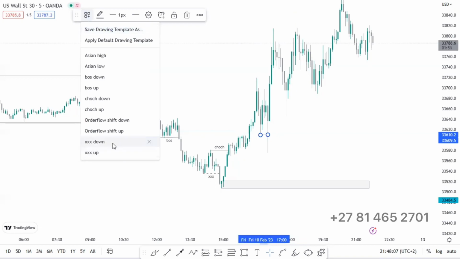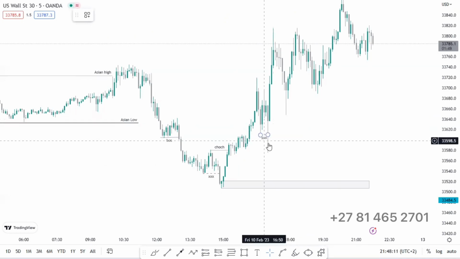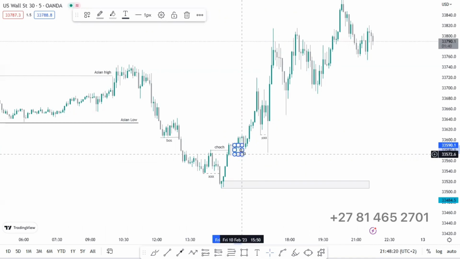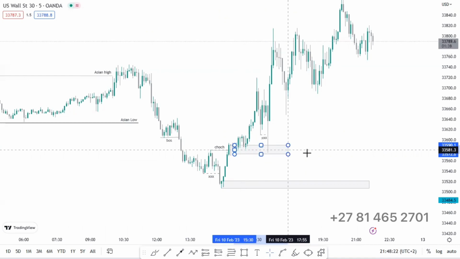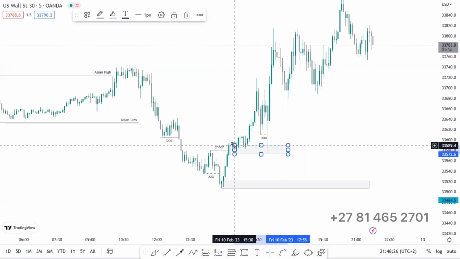So yeah, here's my inducement there, or some sweep of liquidity. After that sweep of liquidity, you can see this nice order block here that I marked.